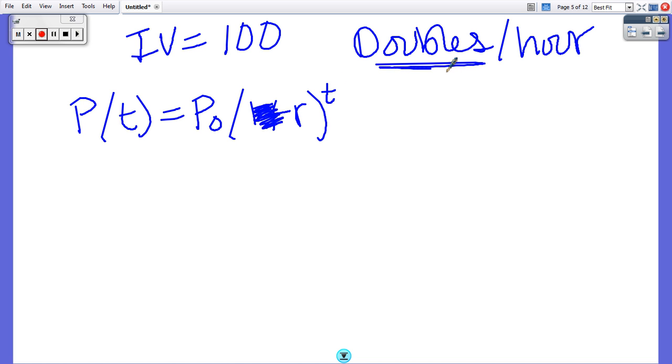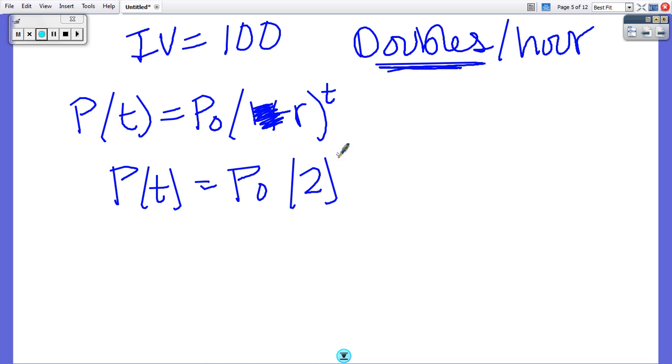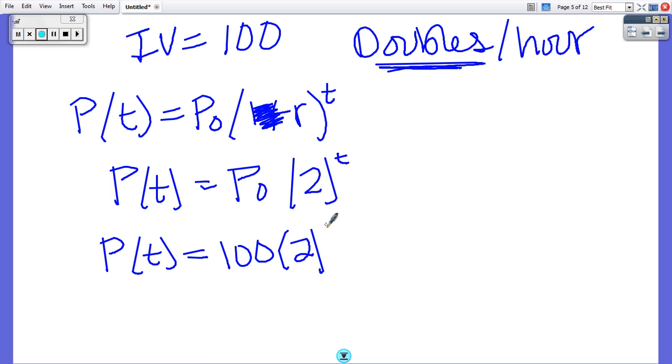So now it's saying that it doubles. What does double mean? Doubles means that it multiplies by 2. So we're raising 2 to some power. This is going to be P of t is equal to P sub 0 times 2 to the power t. Our initial value is 100, so you're going to do P of t is equal to 100 times 2 to the t.